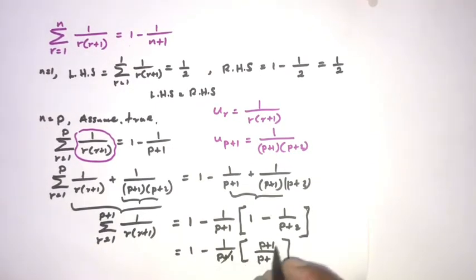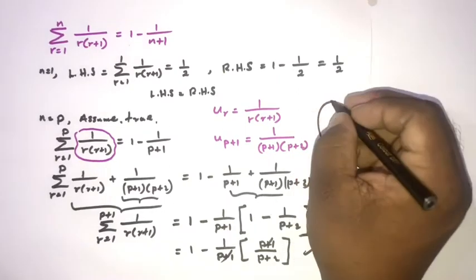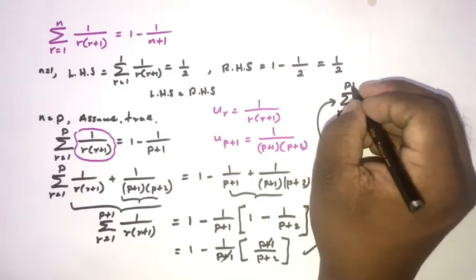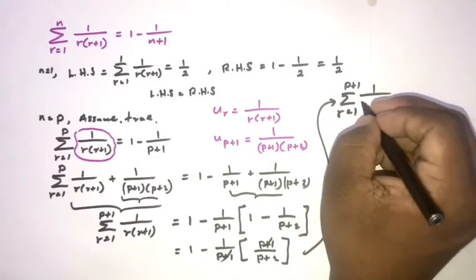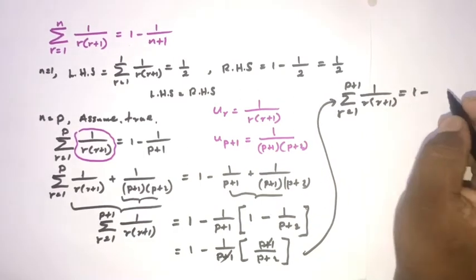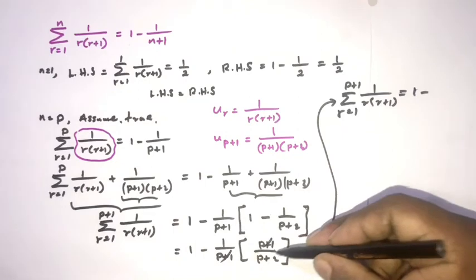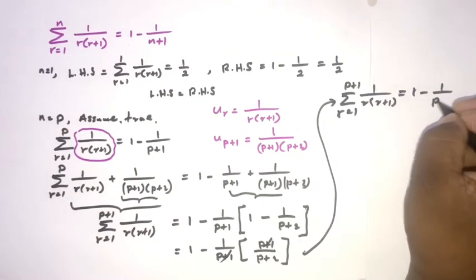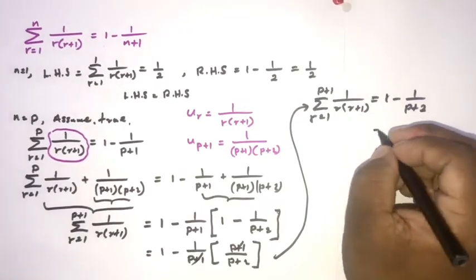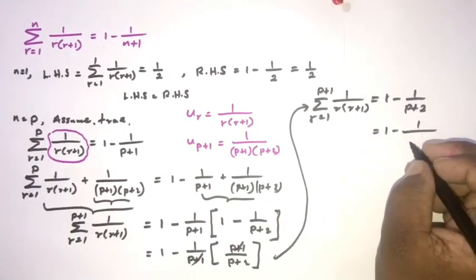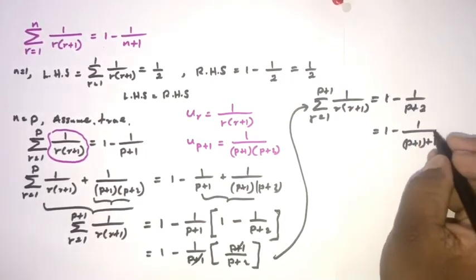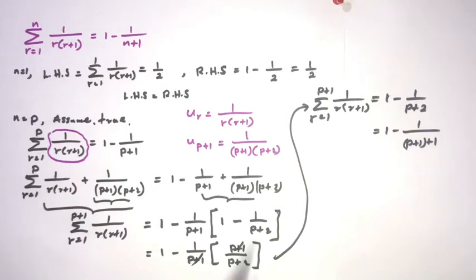Now this p plus 1 gets cancelled, and we have the sum for r equal to 1 to p plus 1 of 1 over r plus 1 equal to 1 minus 1 over p plus 2. Here 1 minus 1 over p plus 2 we can rearrange as p plus 1 plus 1.